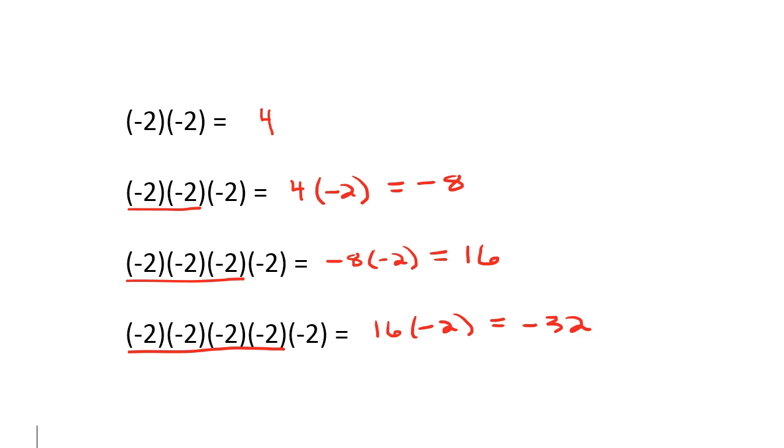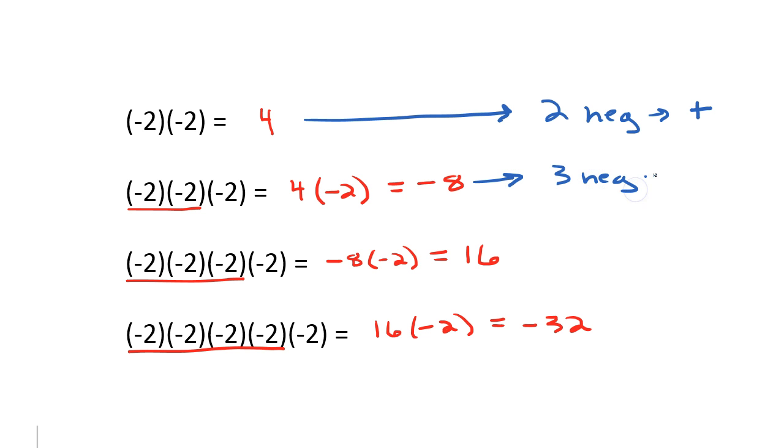So let's see if we can draw a conclusion here. Here I had two negative numbers, and that gave me a positive answer. Here I had three negatives, and I got a negative answer. Here I had four negatives, and I got a positive answer.